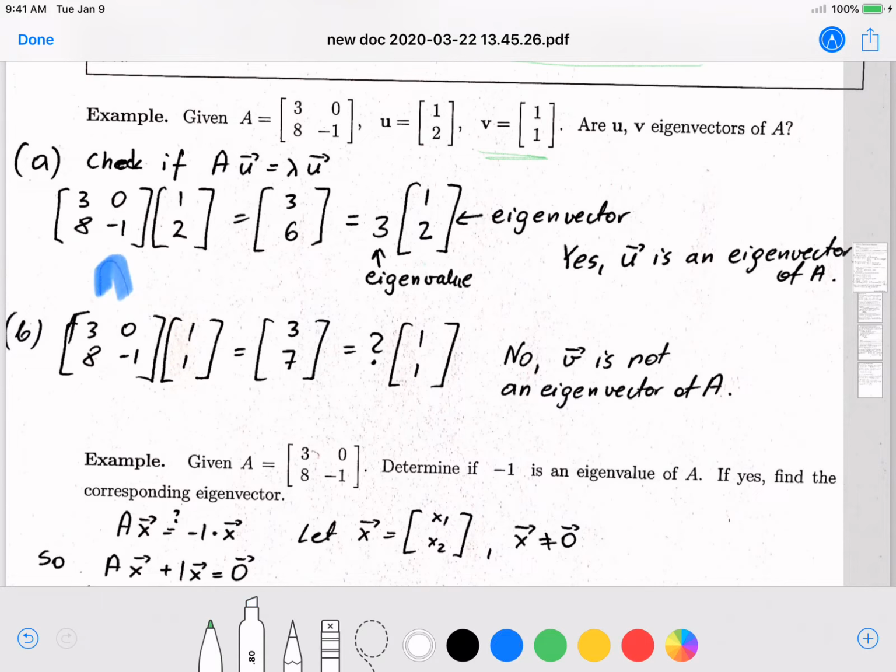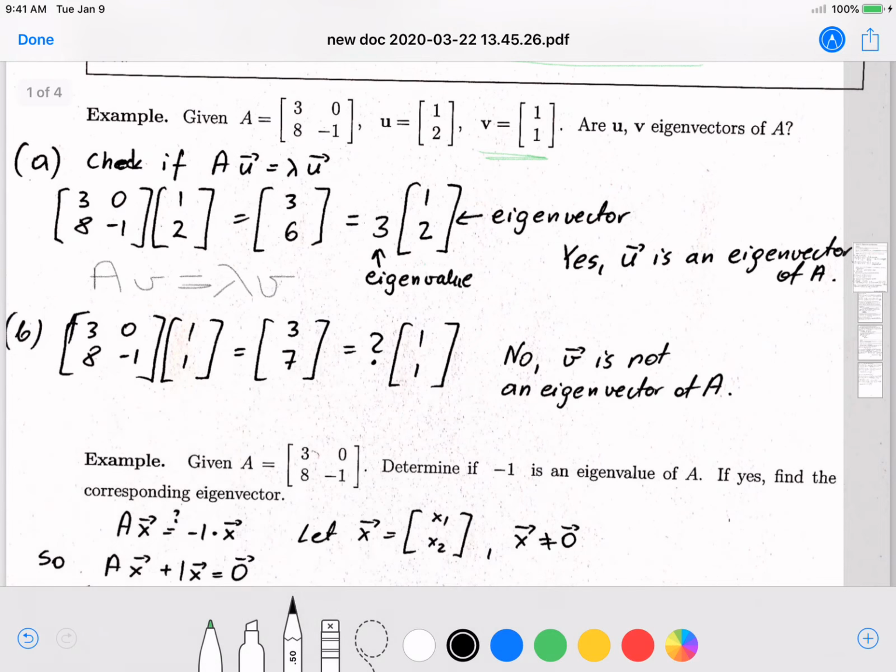What we need to check is that A times vector v must be equal to some number, we call that number lambda, times that vector v, if we can find such a lambda.